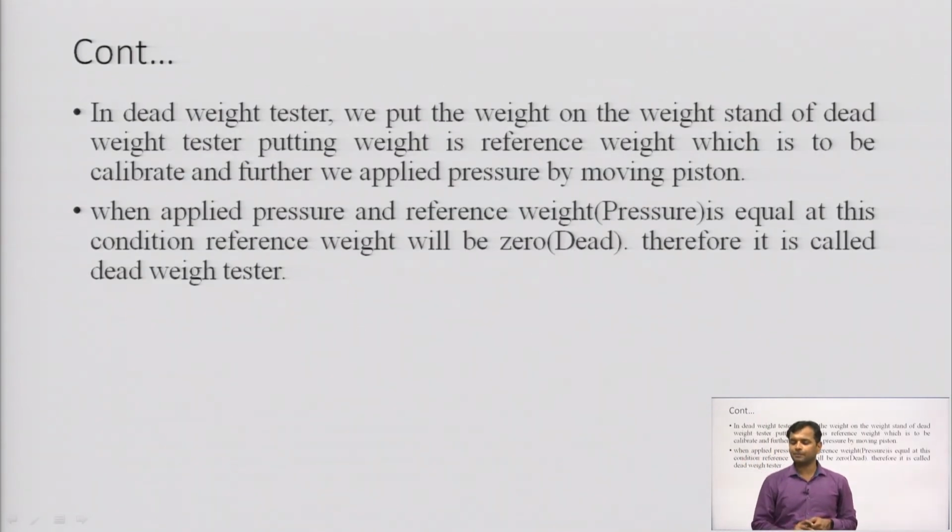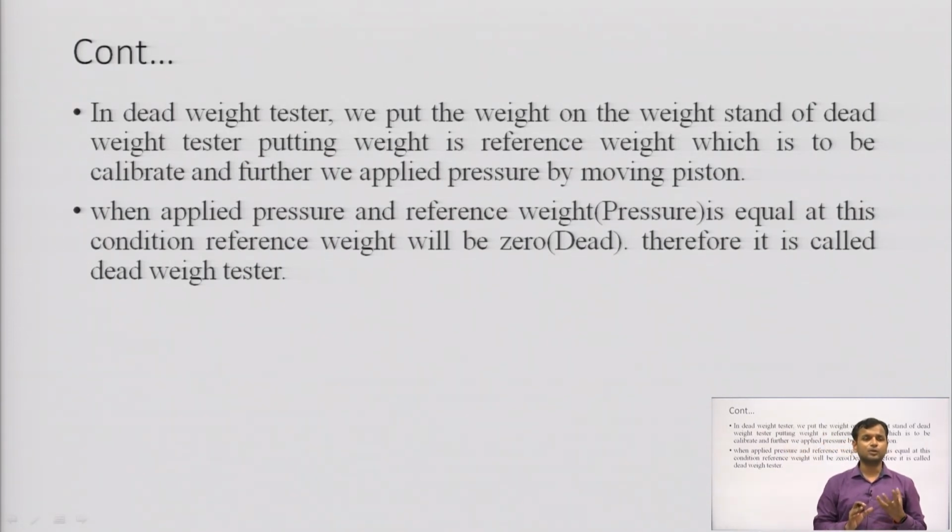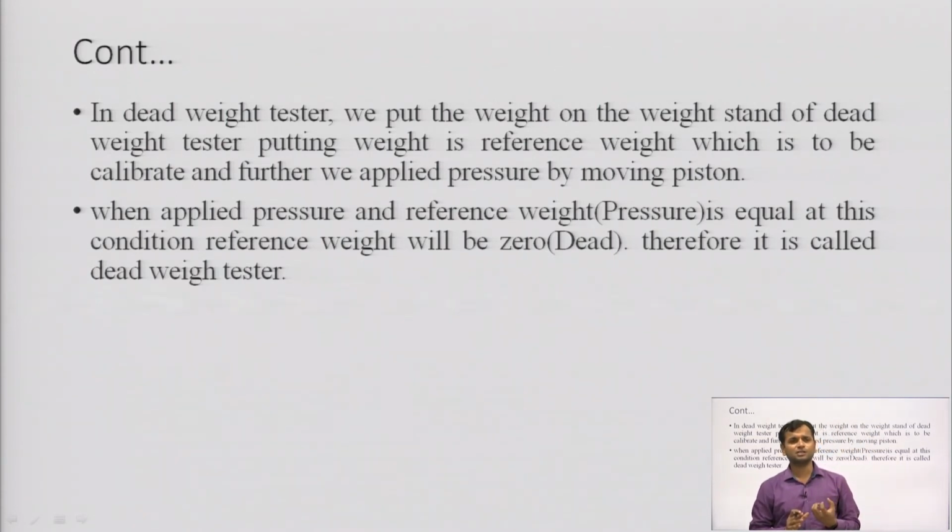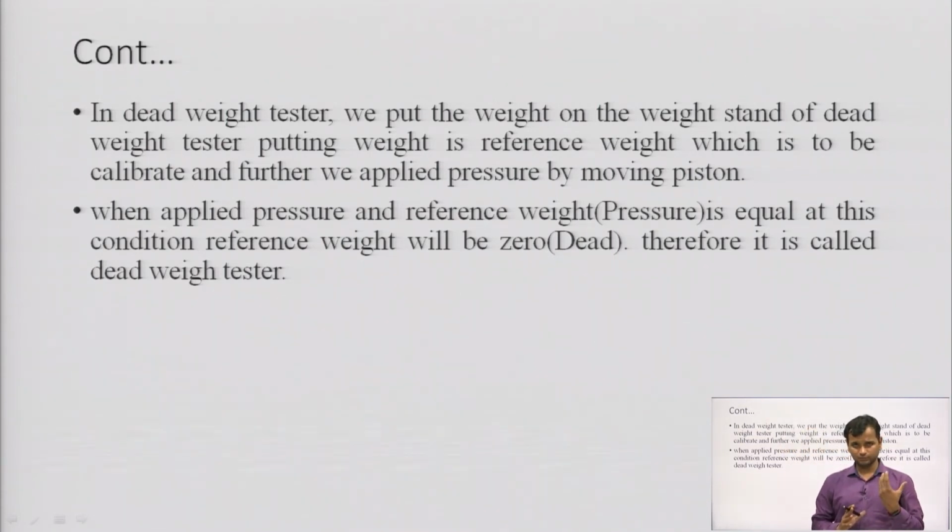When the applied pressure and the reference weight pressure are equal, at this condition the reference weight will be 0. That is why it is called a dead weight tester, which can be used to calibrate any other type of devices because of its high accuracy.